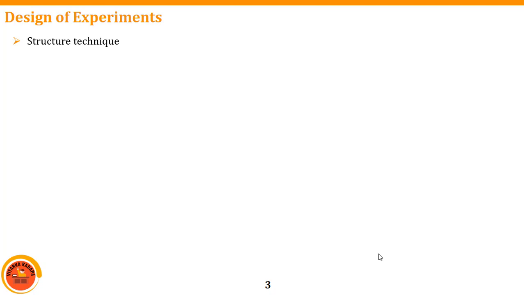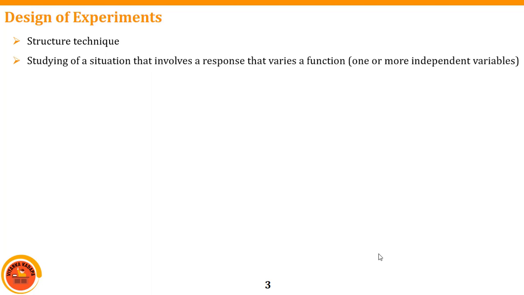We tabulate it as the experimentation done and the result, and that's enough. But design of experiment means we need a structured way: how much input we are giving, how many types of input, and what combinations we are using.